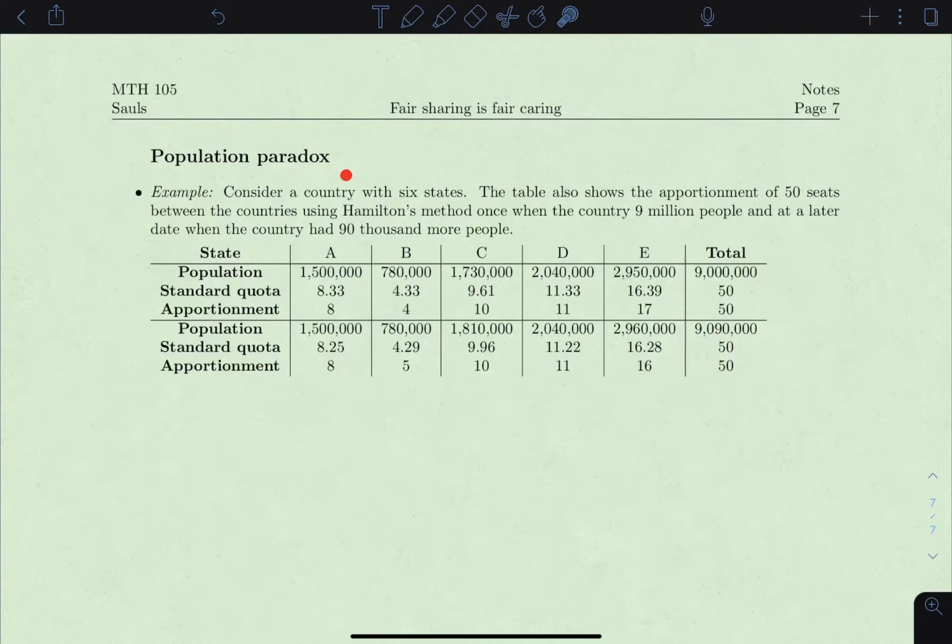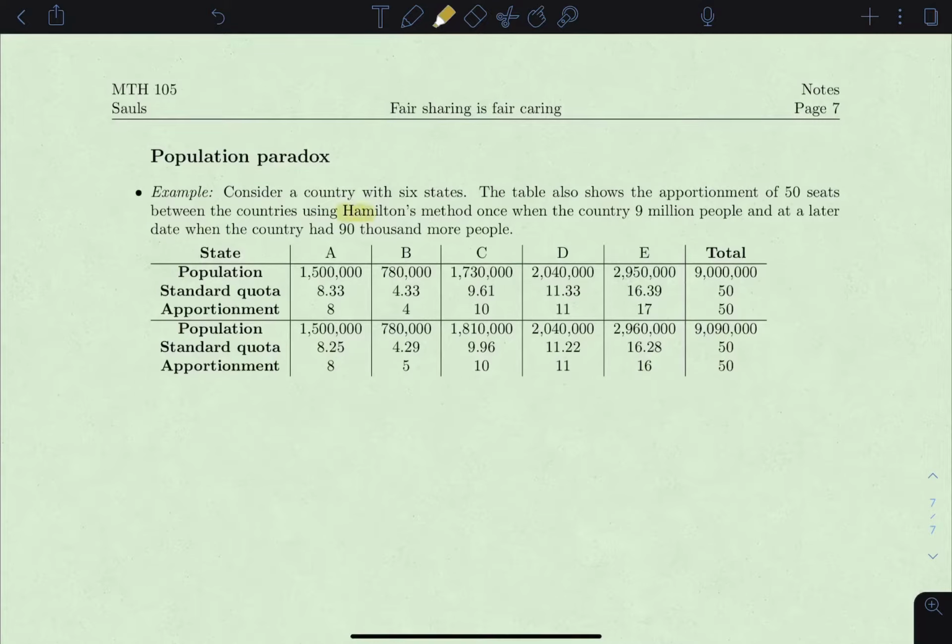This is when the population increases in some states over a period of time, and between those two populations you run the apportionment method, and there's an issue wherein a state whose population increased at a faster rate than a different state still ended up losing a seat to that other state. So we have this example fully drawn out, and let's see what happens.